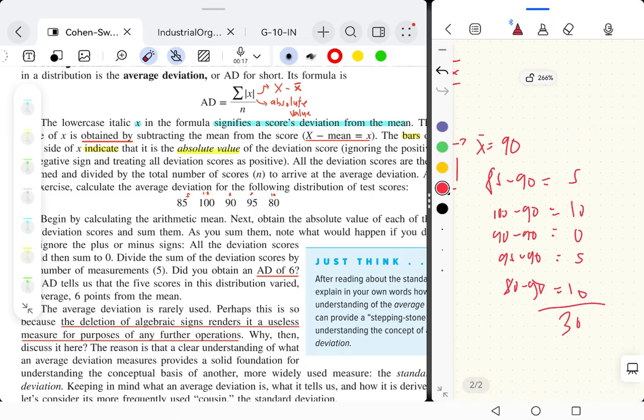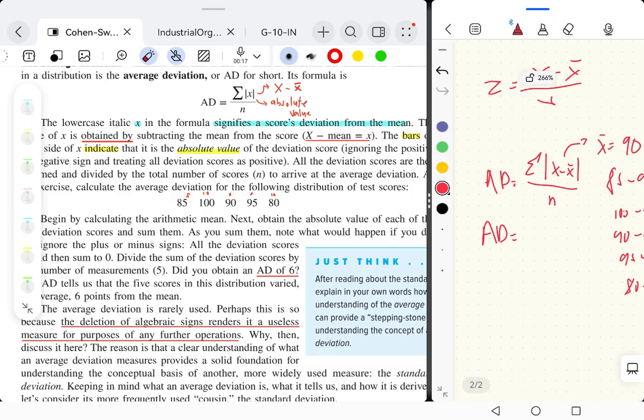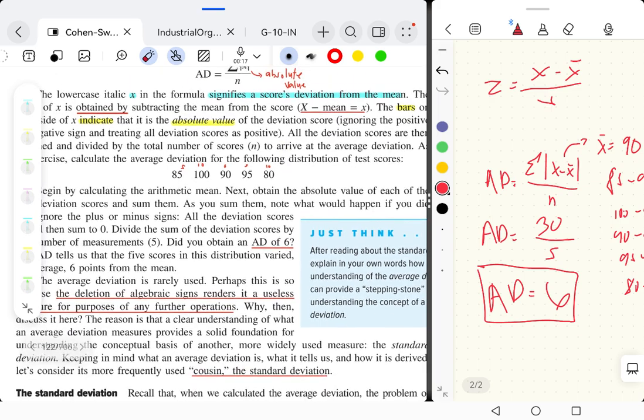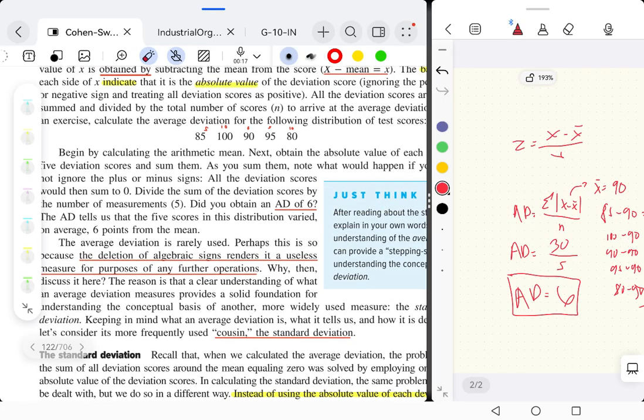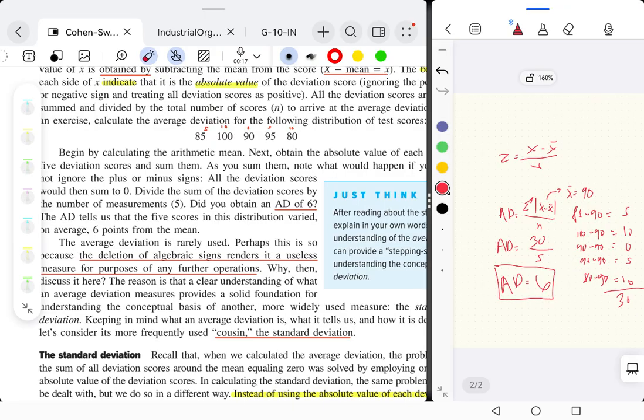So we can put 30 here over n, which is 5, which equals 6. And here, it shows that the AD is 6. Got it, guys? Hopefully I'm not going too fast. You can just replay the video if needed.